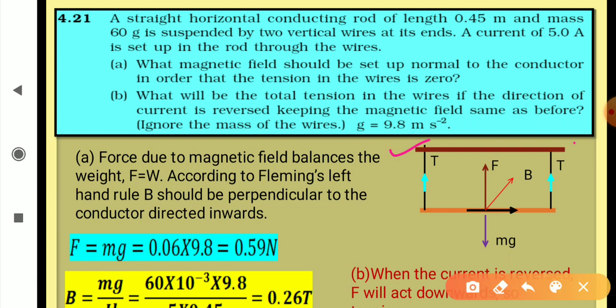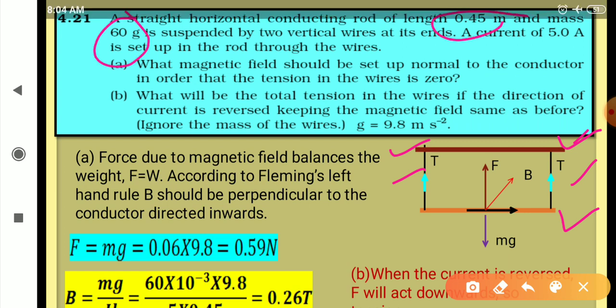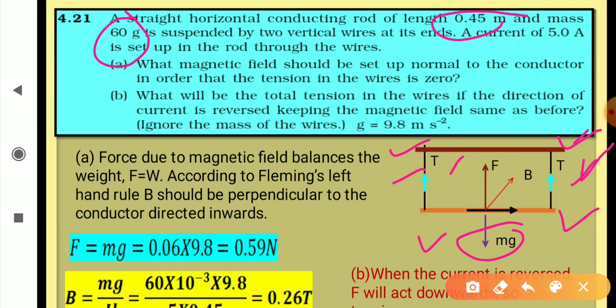We have a fixed rigid support and a rod here which is suspended using these two wires. The length of the conductor is given to be 0.45 meter and the mass of the wire is given to be 60 gram. So its weight will act downwards, and because of this there will be tension in the wires.